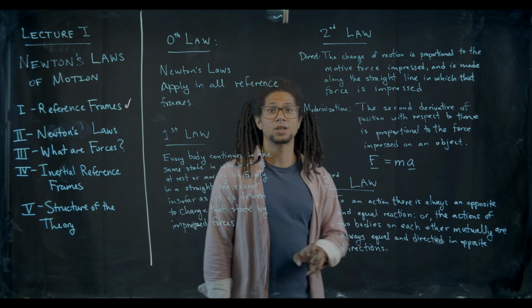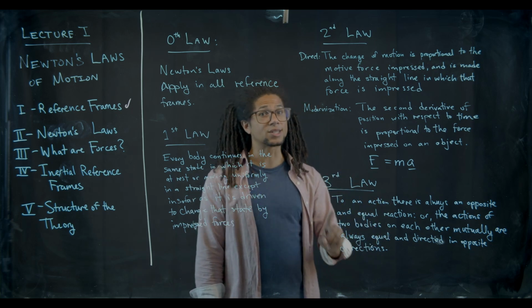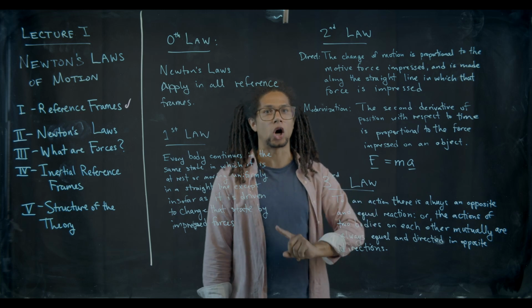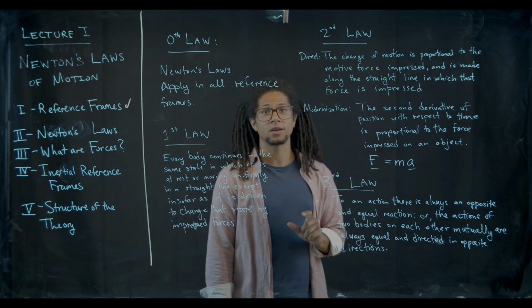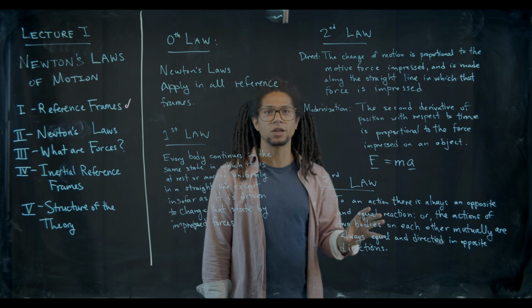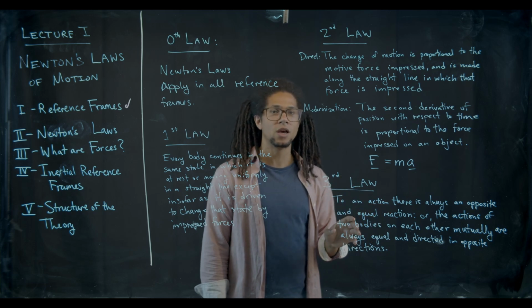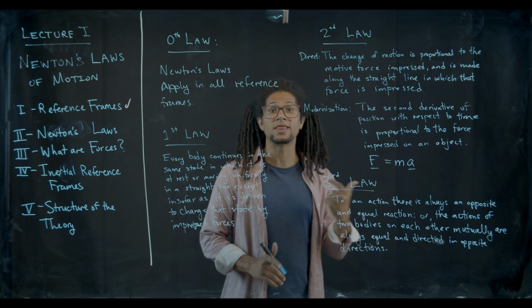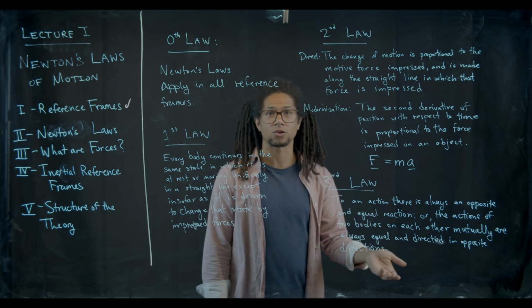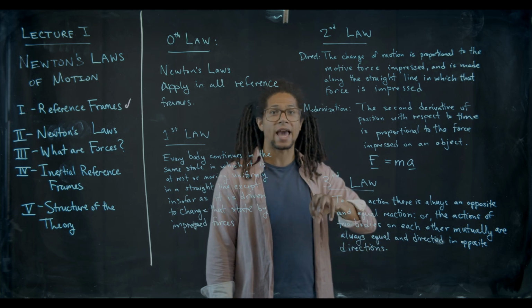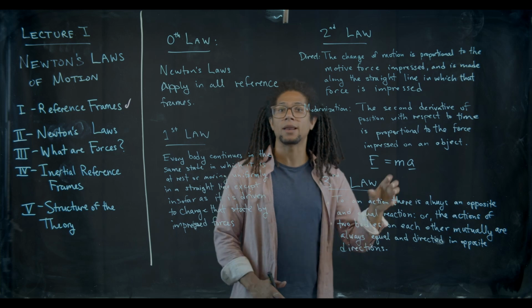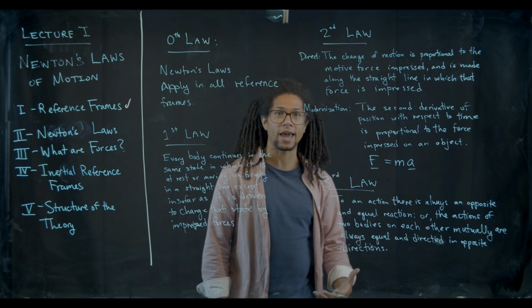All right, the last thing to notice about the third law is that Newton doesn't say that all forces are caused by objects. And so he leaves open the possibility that there can be forces which are not caused by objects and therefore do not follow the third law, because there wouldn't be an action of A on B such that B could cause an action back on A.